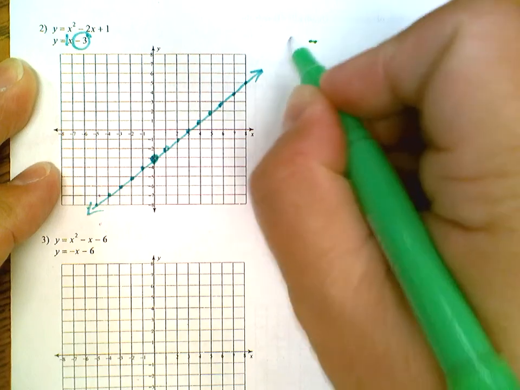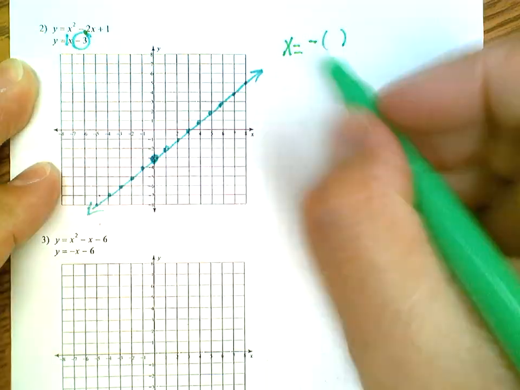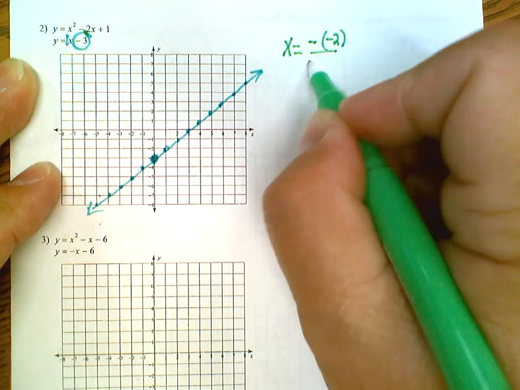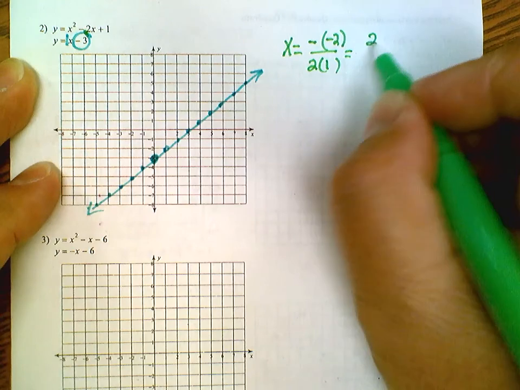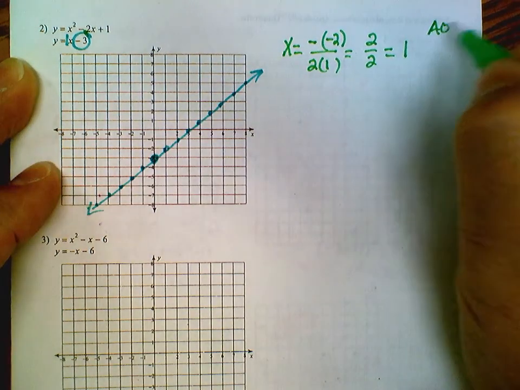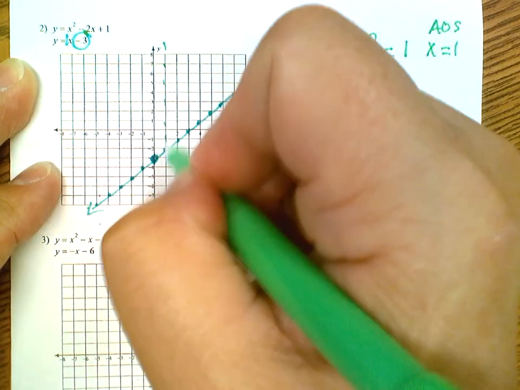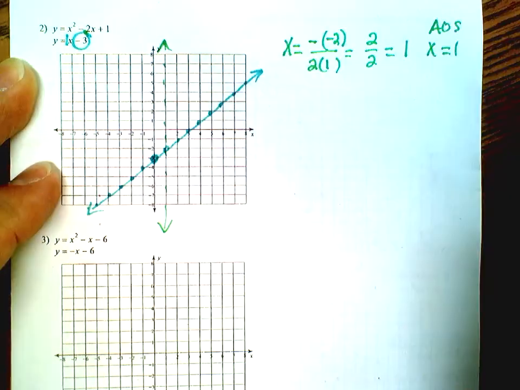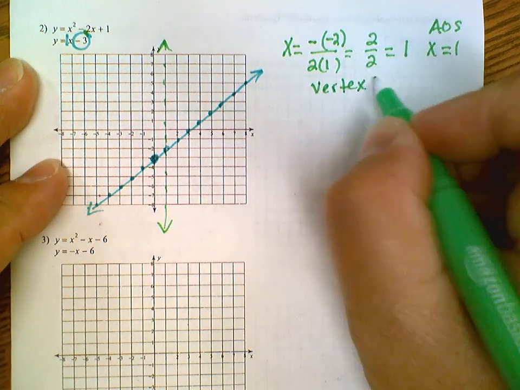So x equals negative b, which is negative 2, divided by 2a, which is 1. So that's 2 divided by 2, or 1. So I'm going to 1, drawing my line, and now I want to find my vertex.